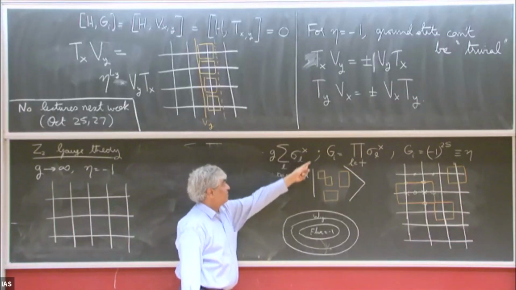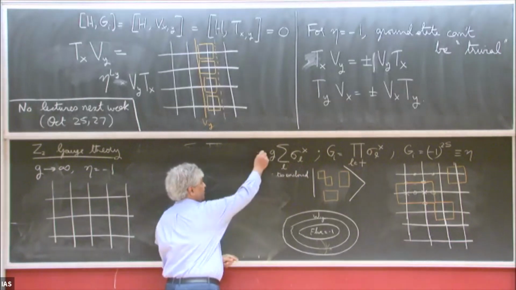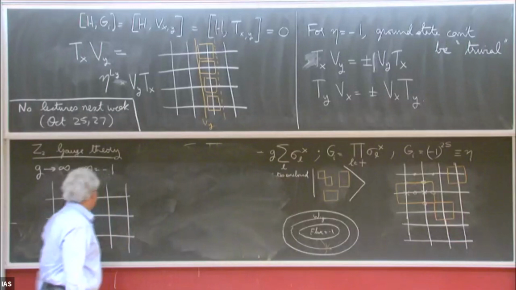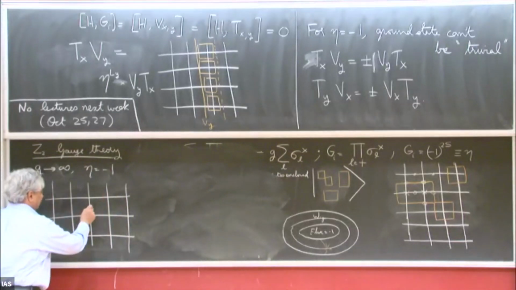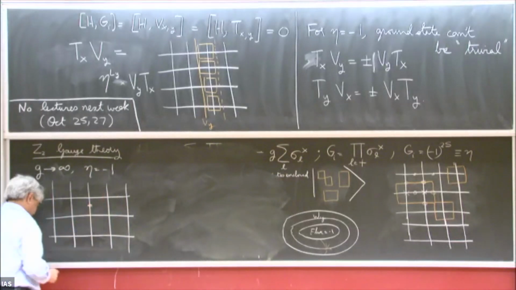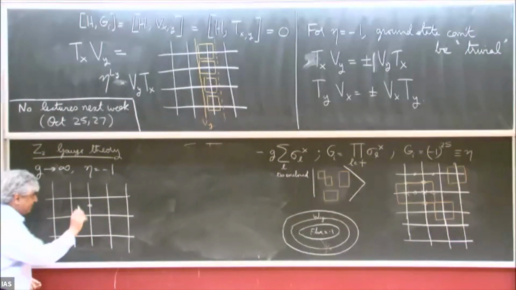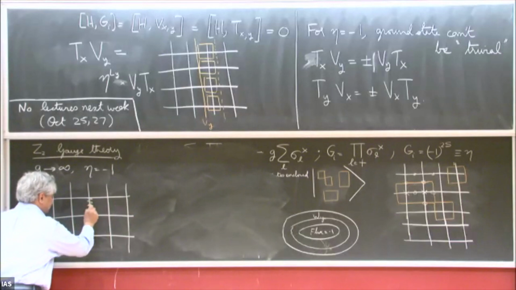Because every time sigma x is -1 at large G, there's a huge energy cost. So you want to minimize the number of sigma x's. So if you put sigma x equals -1 on this side, then I draw a dimer, and now I'll make it green to distinguish it from that, which is sitting here.